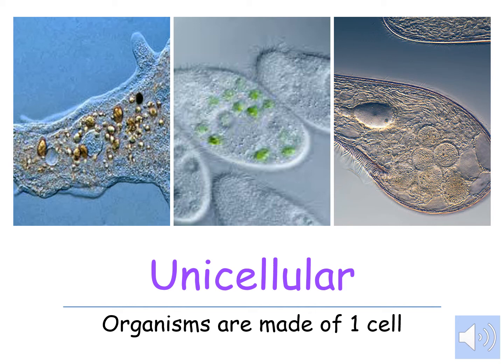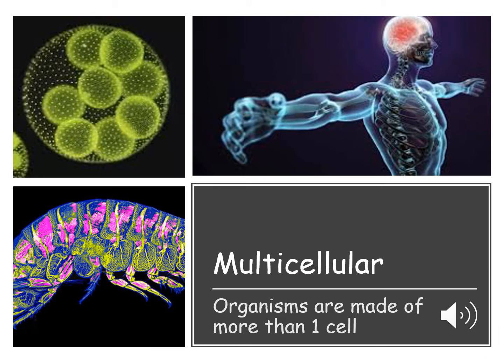So here are two new vocabulary words that you're going to hear throughout the year: prokaryotes and eukaryotes. Prokaryotes have no nucleus, and eukaryotes have nuclei. Over on the far right, you have a paramecium, and over on the far left, you have an amoeba. Unicellular simply means that they are one-cell organisms. Uni, the prefix, means one. Cell or cellular means cell. So, one-cell organisms.